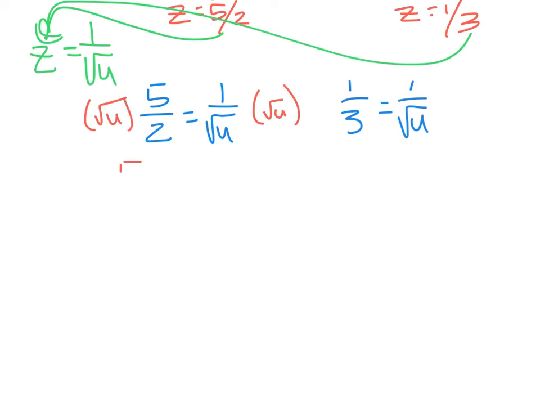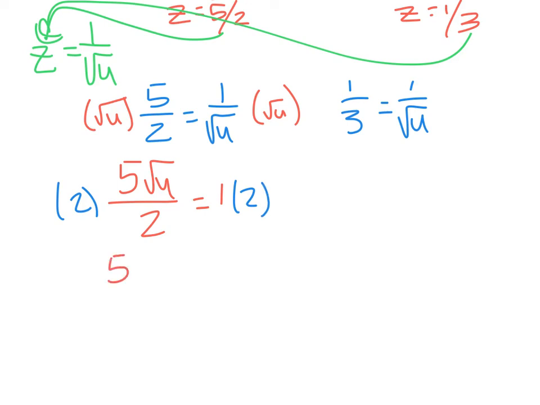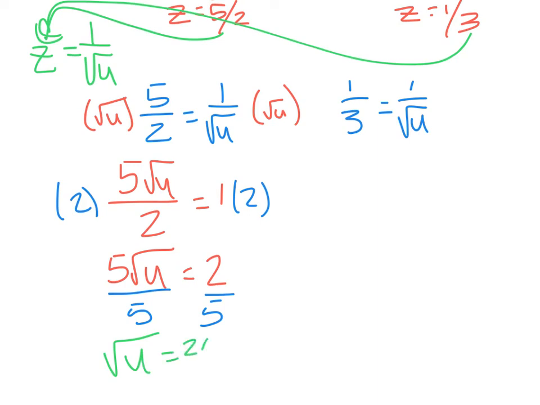And I end up with 5 square roots of u all over 2 is equal to 1. I'm then going to multiply both sides by 2. So 5 square roots of u is equal to 2. Divide, divide, and the square root of u is equal to 2/5.